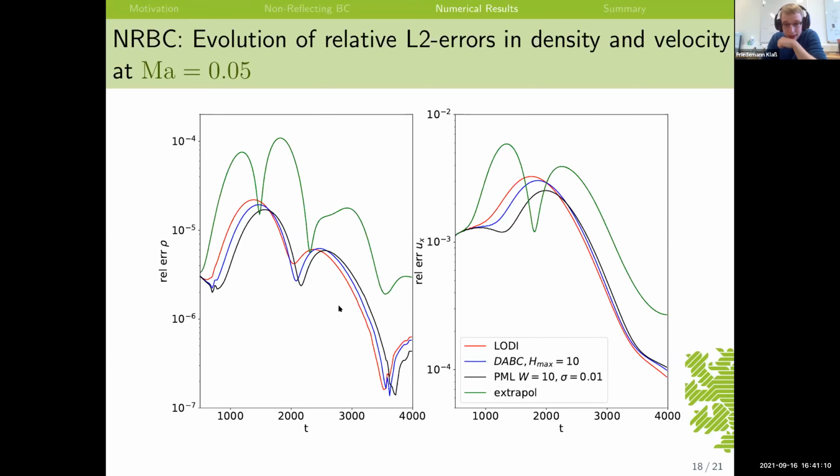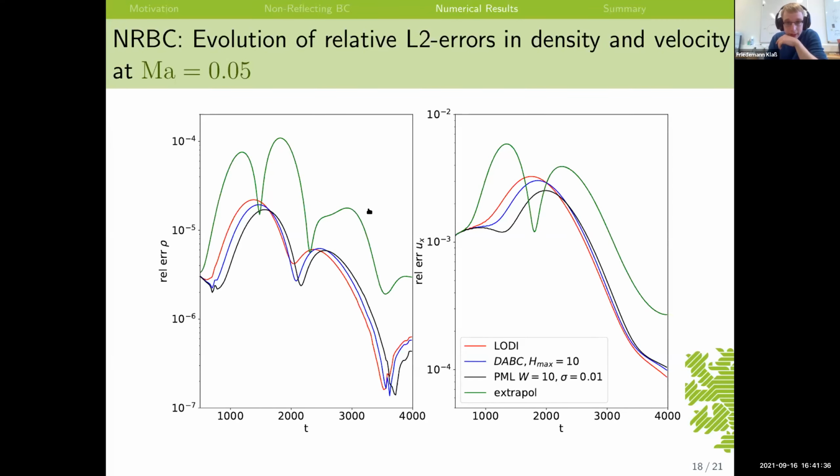Let me also remark here that these parameters for the perfectly matched layer only result from a very coarse scan and can probably be optimized. But from this picture, I believe you can see that there is a considerable gain when compared to extrapolation boundary conditions when turning to non-reflective boundary conditions.